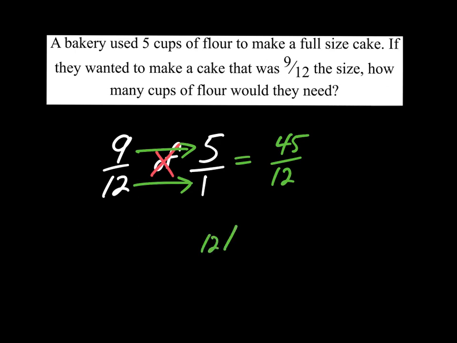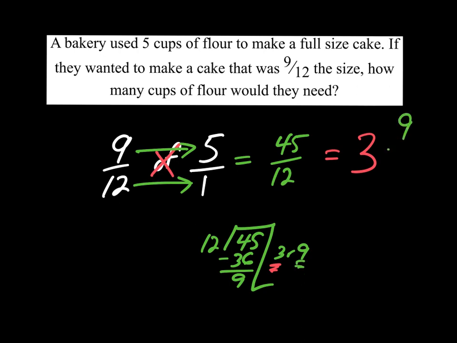Now we have to convert to a mixed. We get 45 over 12. And it goes in 3 times with a remainder of 9. Now again, this 3 here is our whole number.